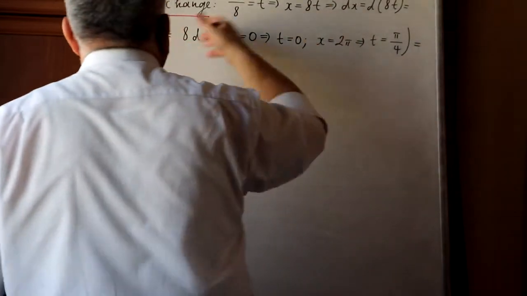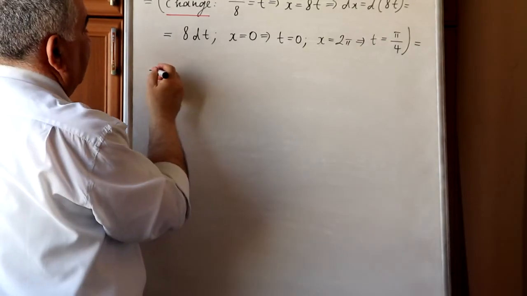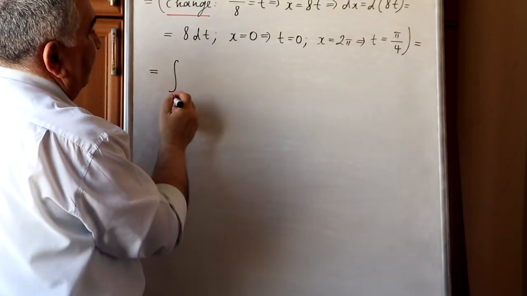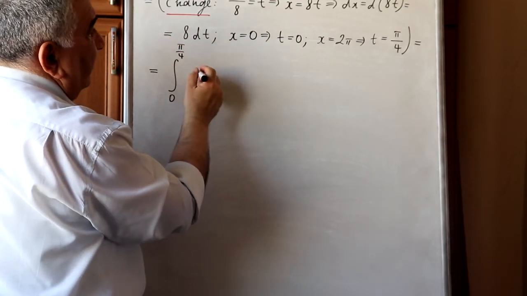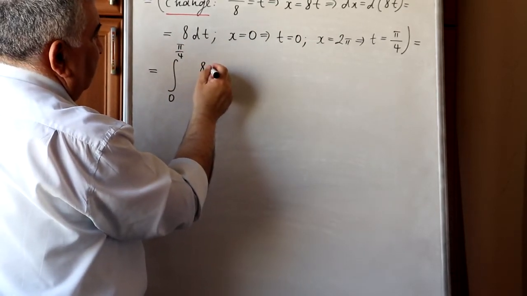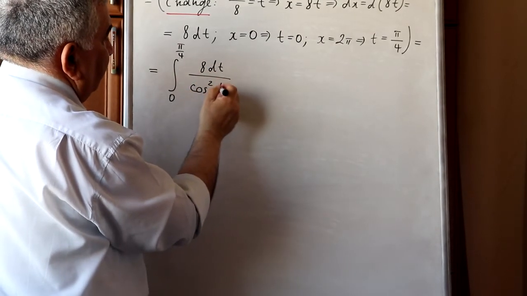Apply this change to calculating the given definite integral. Integral from 0 to pi over 4, dx is 8 dt over cosine squared t.